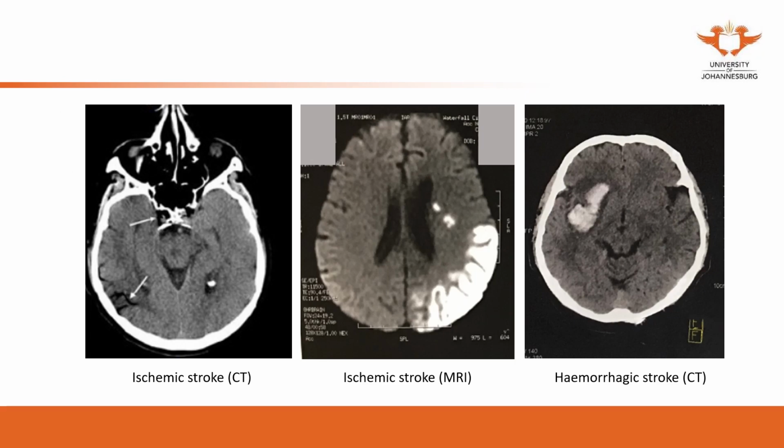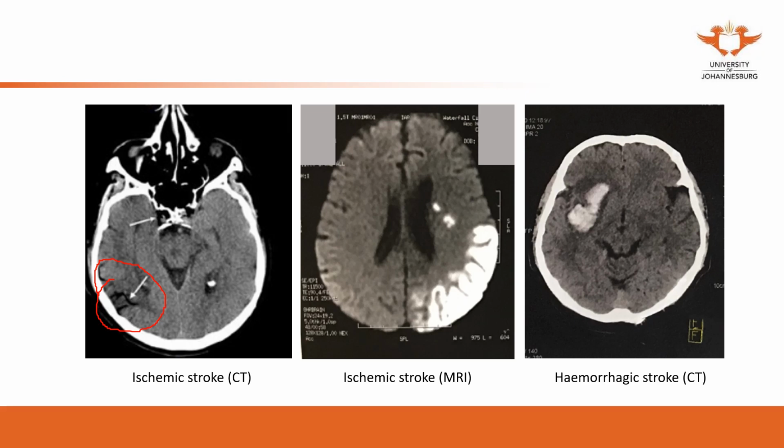These three images will mainly help you to identify the location as well as the different appearances in different types of examinations. For ischemic stroke, in the CT scan, you will see a darker area.